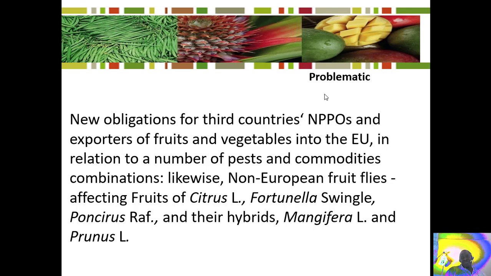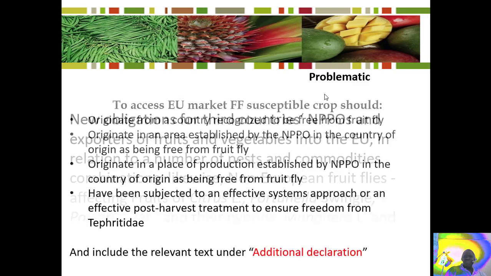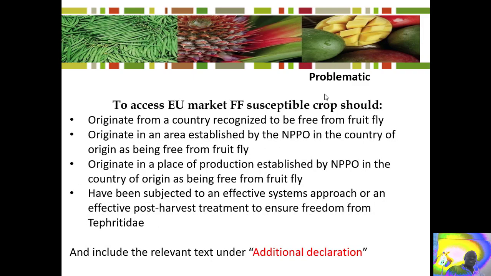Likewise here for us, we consider fruit flies and mangoes, and if we want to access the European Union for fruits or crops that are susceptible to fruit flies, we need to consider one of these four options, or if we can afford to have four of them, why not?